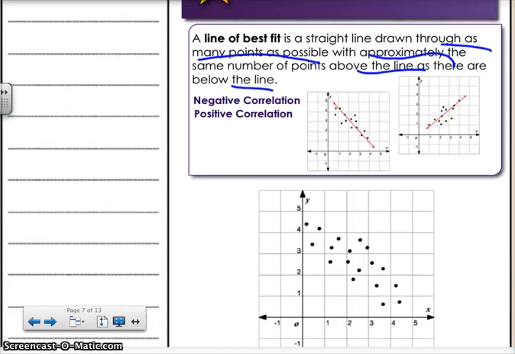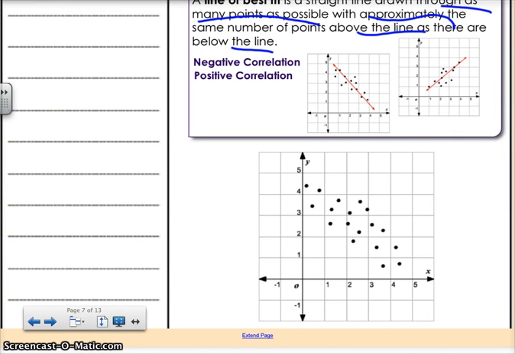I want you right now to make a line of best fit with this data set at the bottom. It should go through as many points as possible, right through the middle. I always tell my students, look, where does it look like the middle? I draw a little line through the middle and then just connect it all the way through.